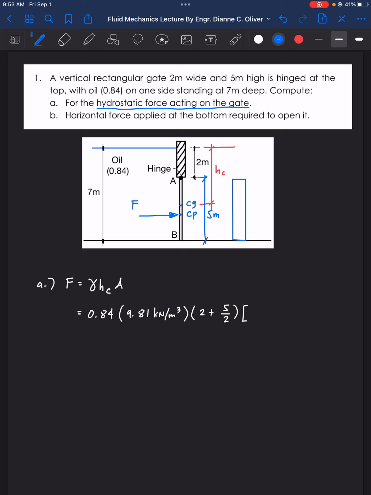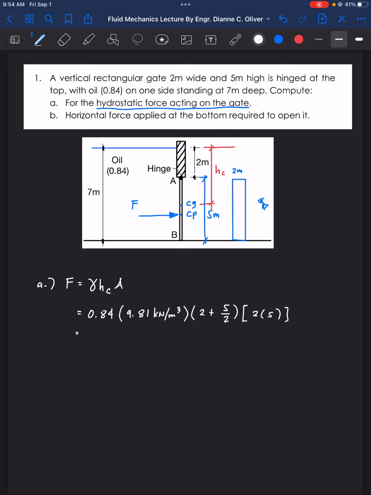So this is the figure that you will see when your eyesight is at this side. If this is your eyesight, this is what you will see of the gate: 2 meters wide, 5 meters high. So that's the area, 2 by 5.